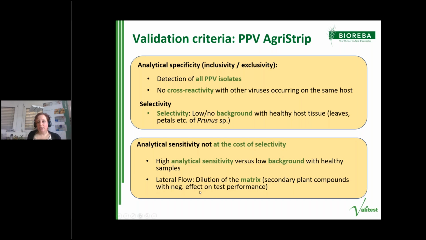So for lateral flow, this test, there is a slight difference to other diagnostic tests. In a PCR, you always have in advance a purification of DNA or RNA, and in a laser test, you have a wash step. But the lateral flow has to deal directly with the sample matrix. So this sample matrix is directly flowing through the test, and this is quite a challenge in development.